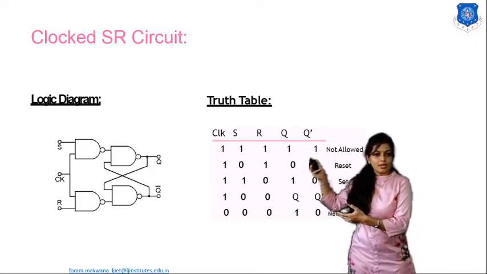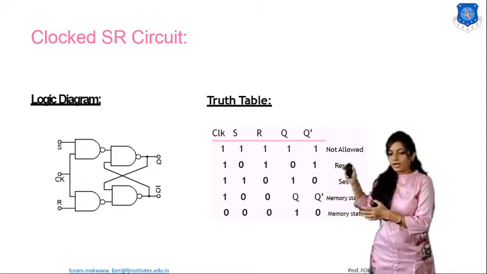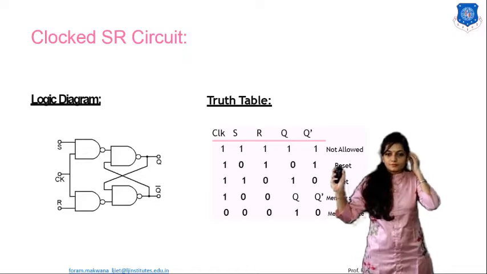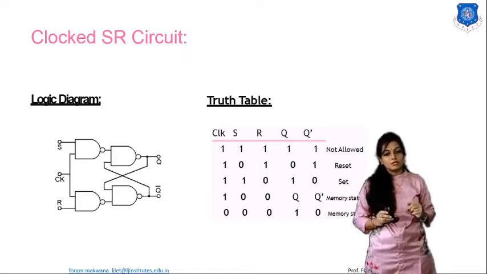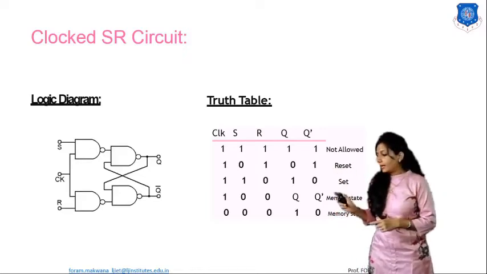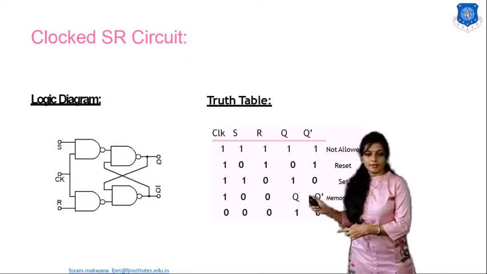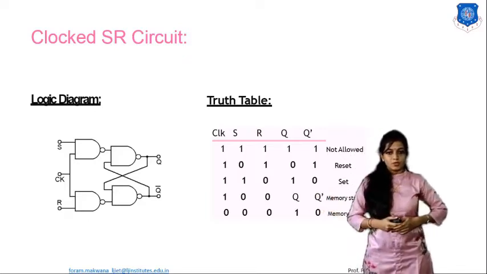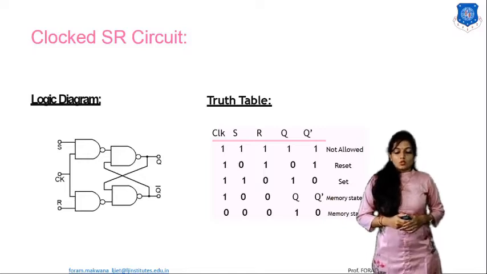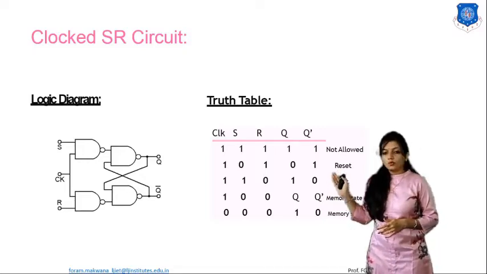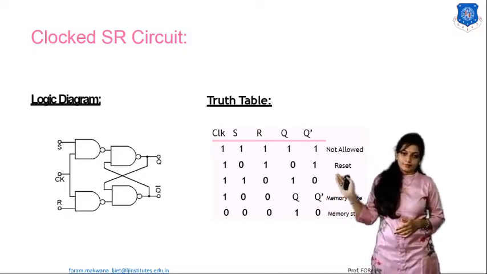Before that, we need to apply the S and R inputs with the clock. So we need to connect another 2 NAND gates over there. Alright? So there are a total of 4 NAND gates.